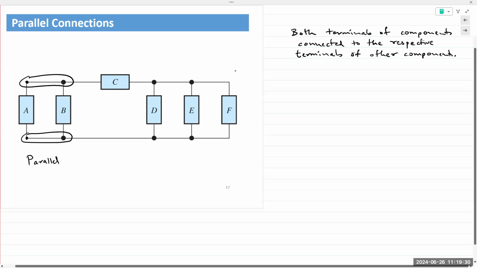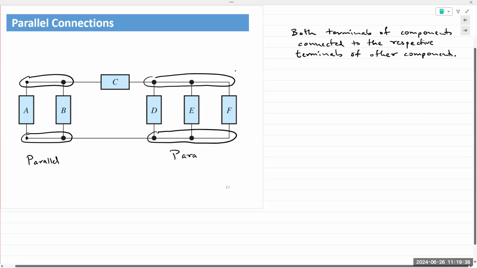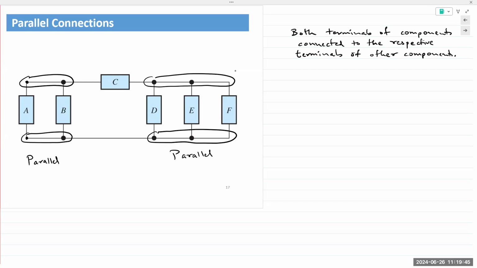The same thing on the right side. You have D, E, and F connected together at the top and at the bottom. And so they are also in parallel. However, C is not.